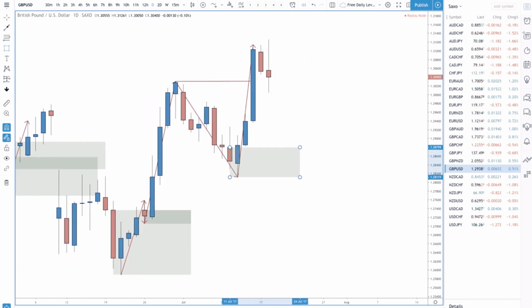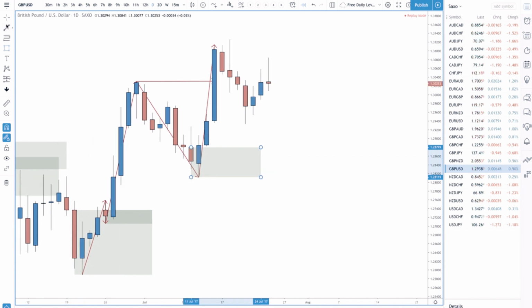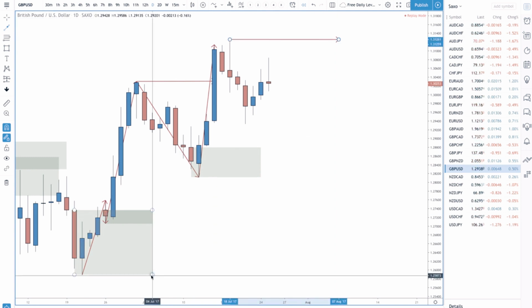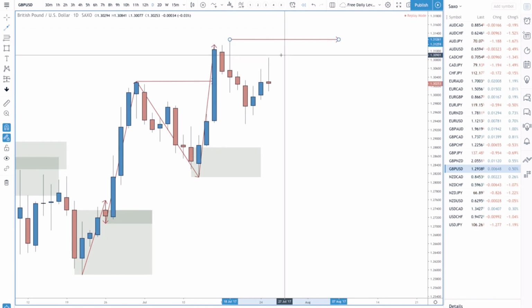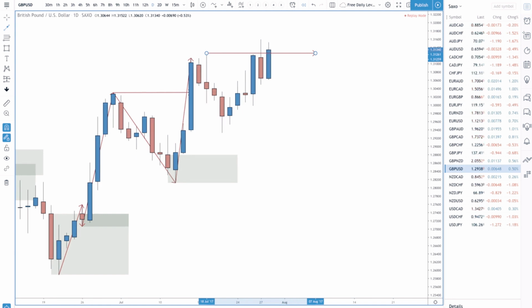Let's keep going. So now we need price to go above at least here. It needs to be a bullish candle wick high, or close above that area. Brilliant. So we got a wick but a bearish close.